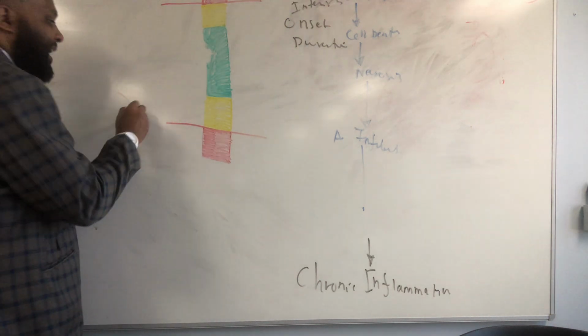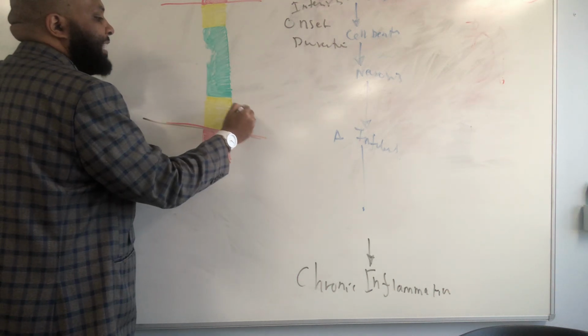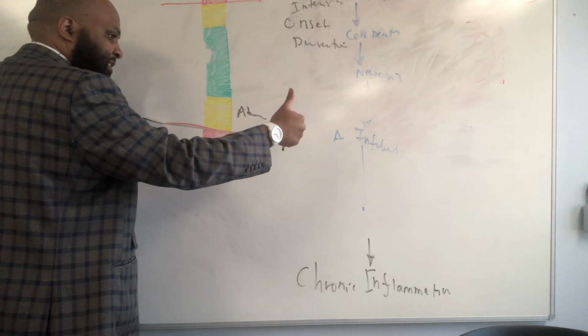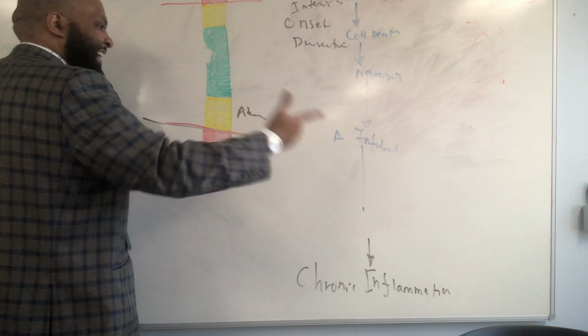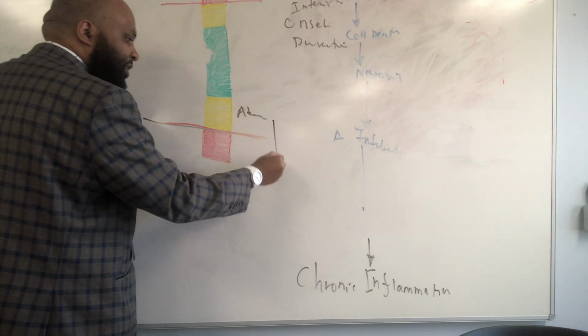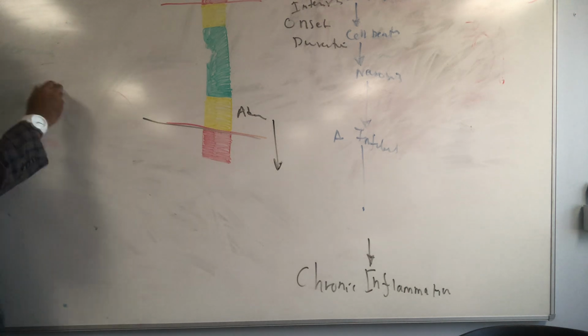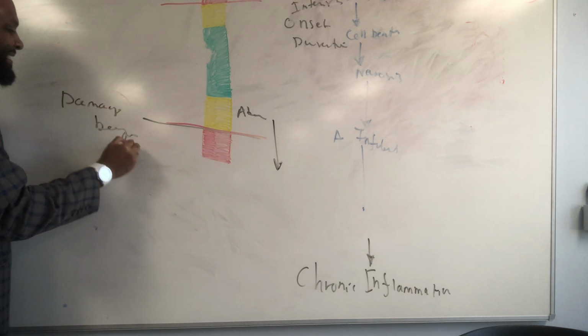Green is where you need to be, yellow is where adaptation is, your body's putting up a good fight. But if onset was sudden, quick, duration was really long, intensity was severe, you cross this line, no coming back. It's called the line of damage beyond salvage.